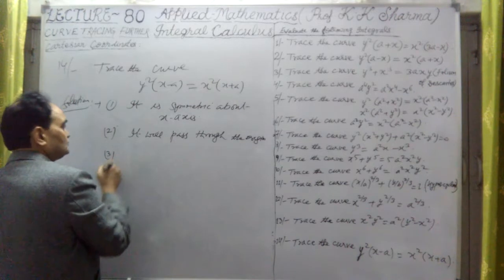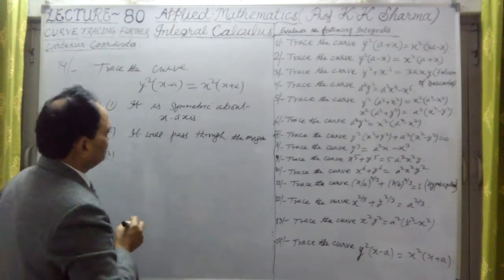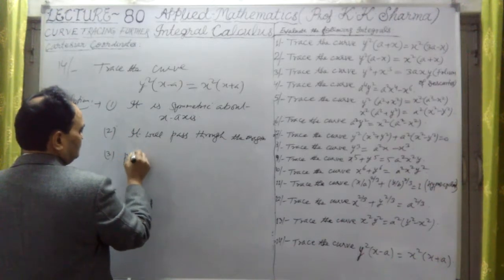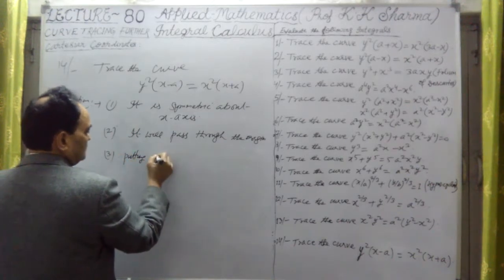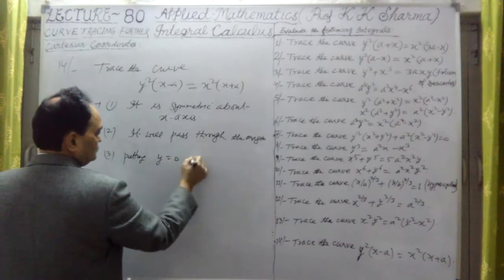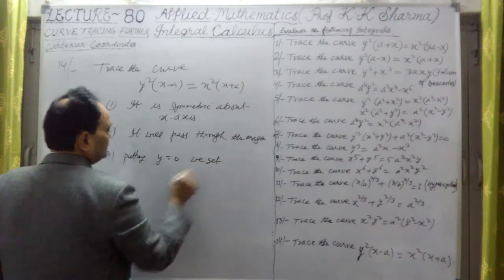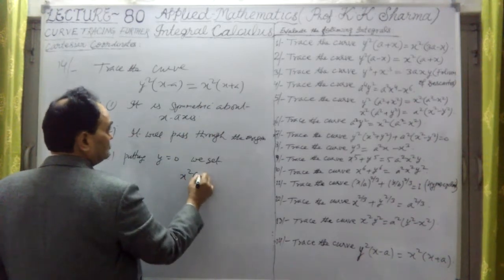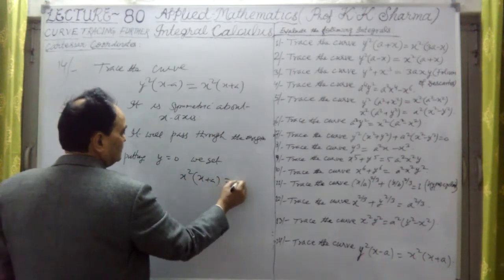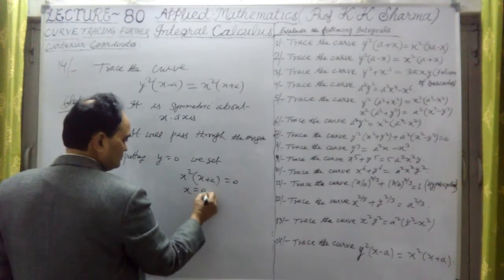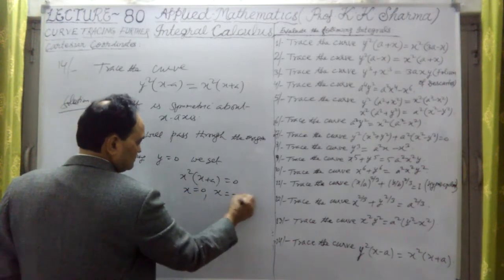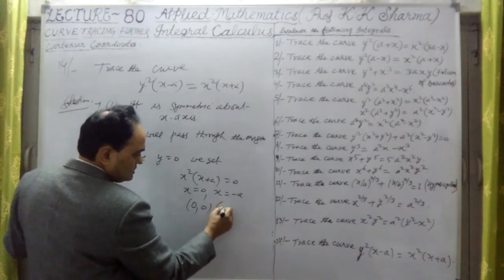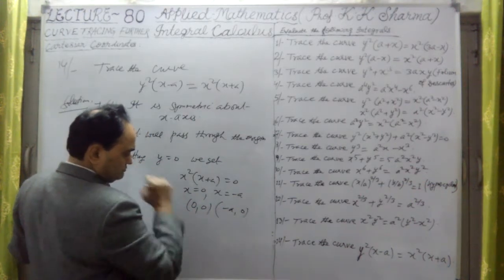Third point, when I put y equal to 0, what do we get here? We get x square into x plus a equal to 0, so x equal to 0 and x equal to minus a. What are the points here? 0, 0, and minus a, 0.